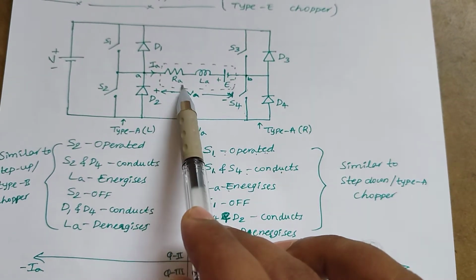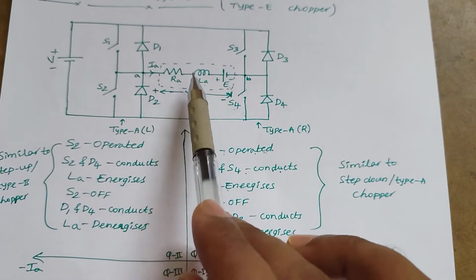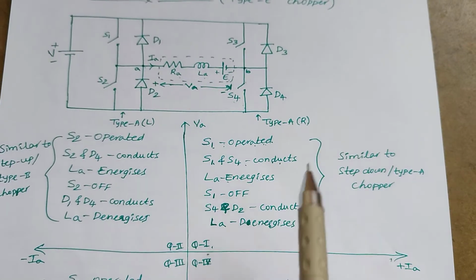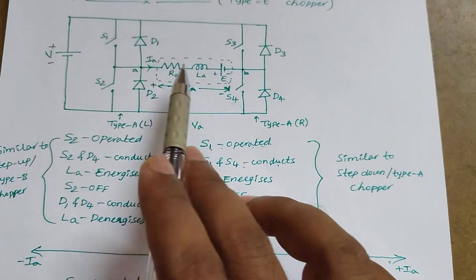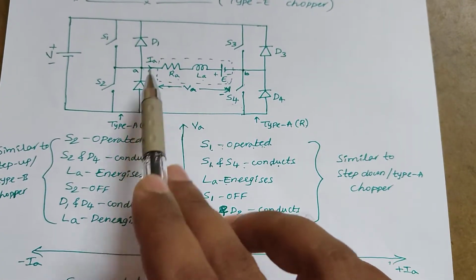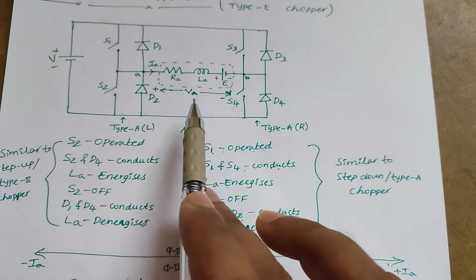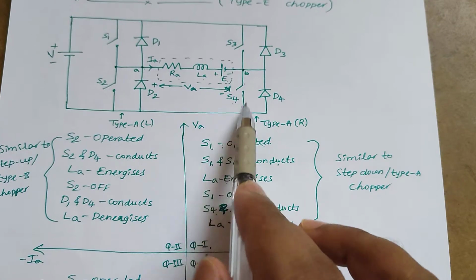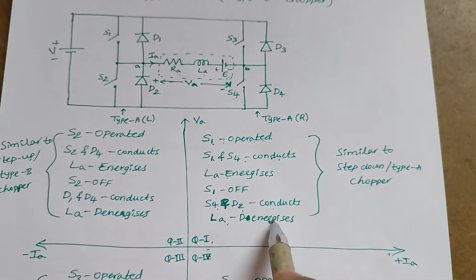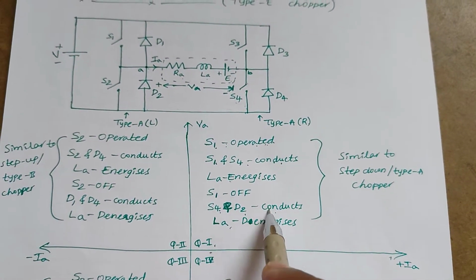That makes the armature voltage 0 because of the short circuit across the motor. So VA equals 0, but current is in the positive direction. S4 and D2 take the conduction path for de-energizing the inductor current.